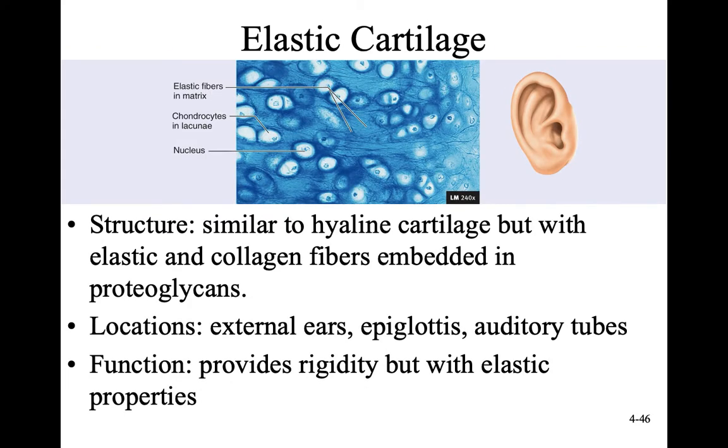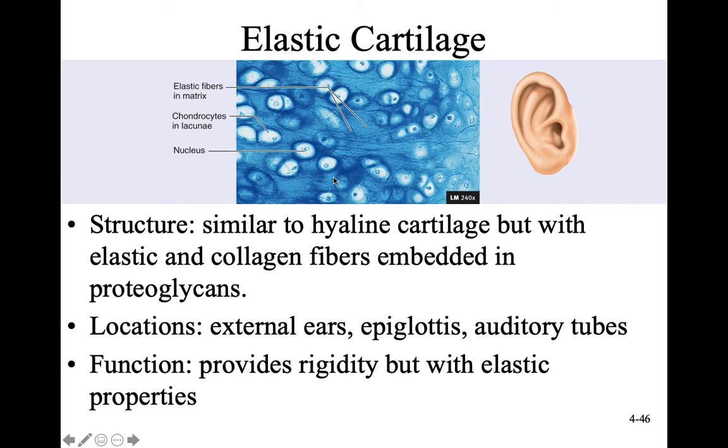Elastic cartilage is made up of hyaline cartilage, but now we add a lot more elastic fibers within here. So we actually do have mostly collagen fibers that, just like hyaline cartilage, we can't make out individual fibers here, but with the elastic fibers, we can actually see individual very thin fibers running through it, and these are the elastin.